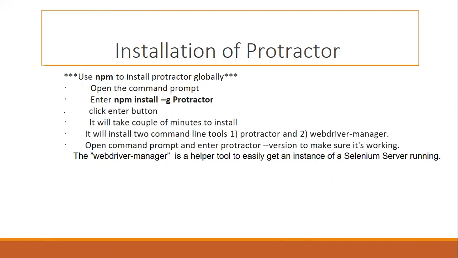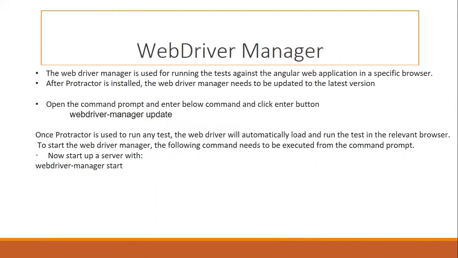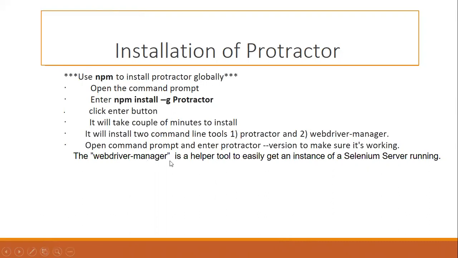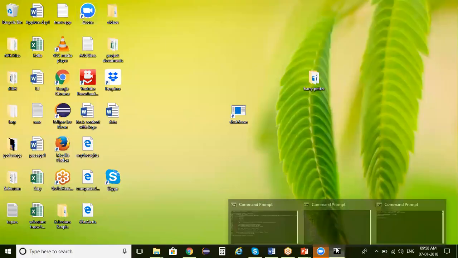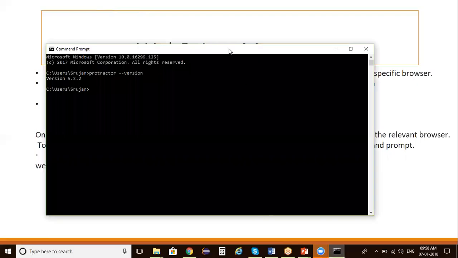So we did up to here. The next point is the WebDriver manager command. This WebDriver manager is a helper tool which is used to get an instance of a Selenium server running on your machine.